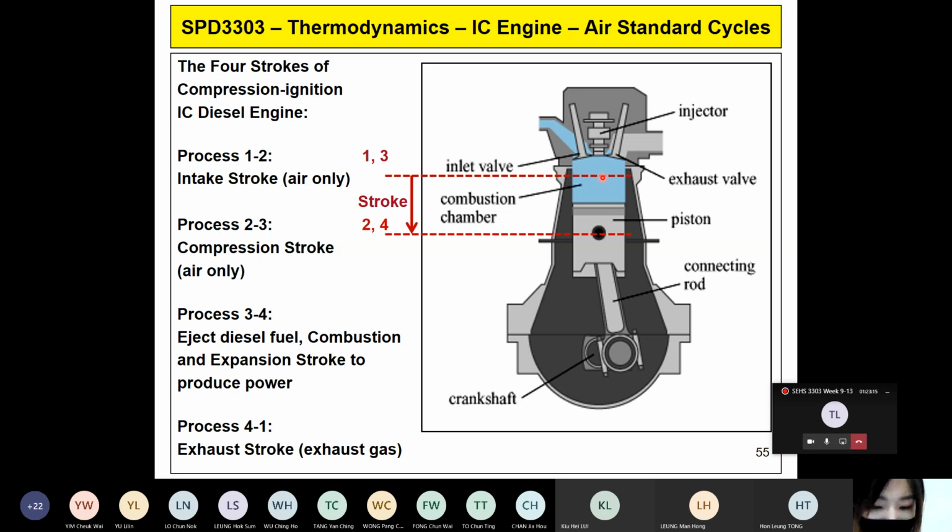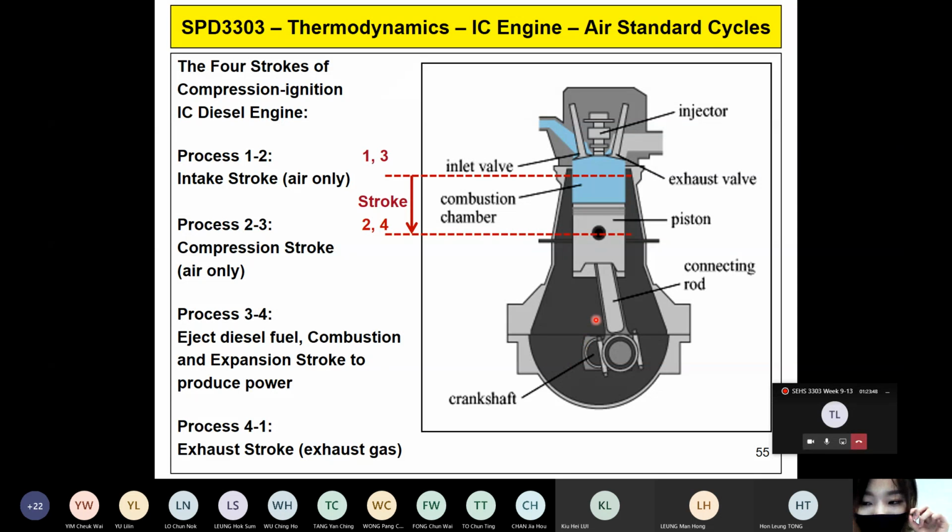The burnt gas absorbed the heat energy released from the fuel, and then pushes your piston downwards to give you useful work output. By using the connecting rod, the piston is connected to the crankshaft.